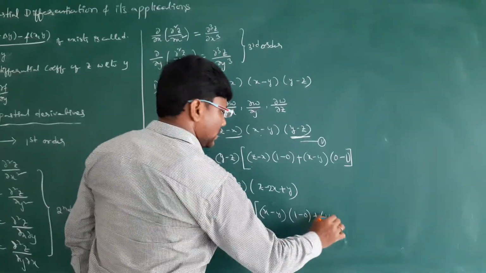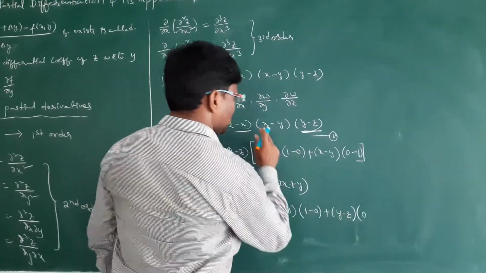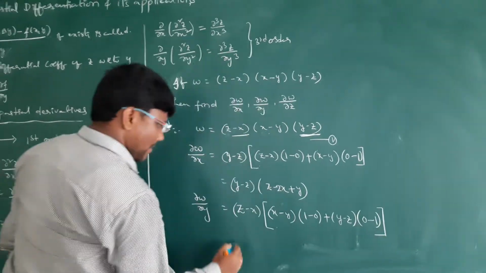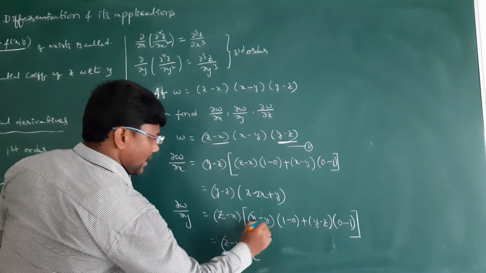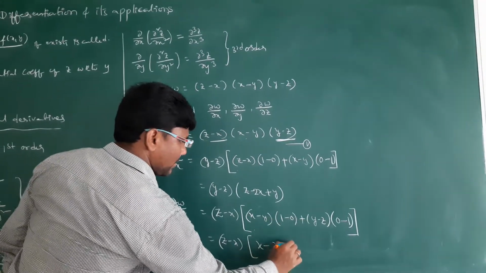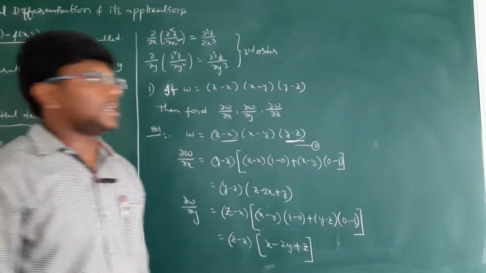Next, y minus z into, with respect to y, x is constant 0, y is 1. That is equal to z minus x into x minus 2y plus z. This is dou w by dou y.